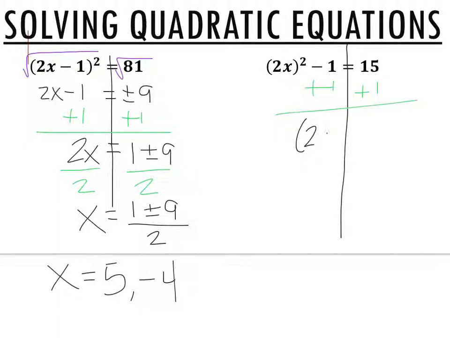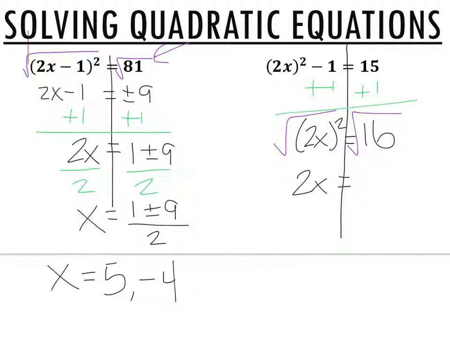Now I have 2x squared is equal to 15 plus 1 is 16. Now the thing that's squared is actually by itself. So how we could square root, the very first step right here, because the thing that's squared is by itself, I can actually square root now. I can square root both sides. So the left side of my equal sign just has 2x by itself.